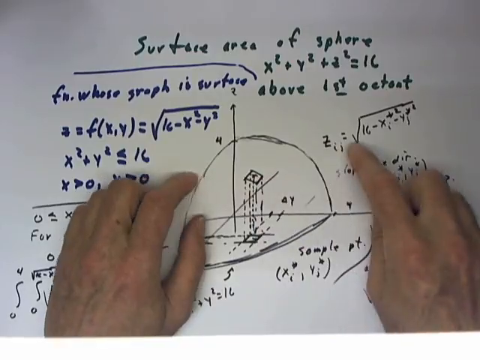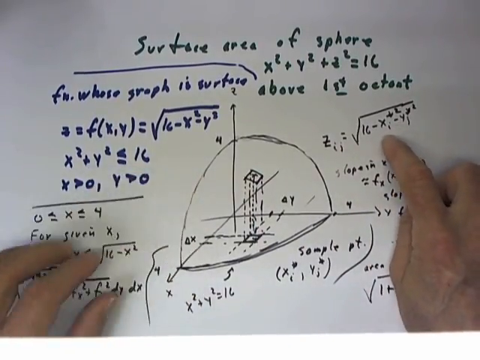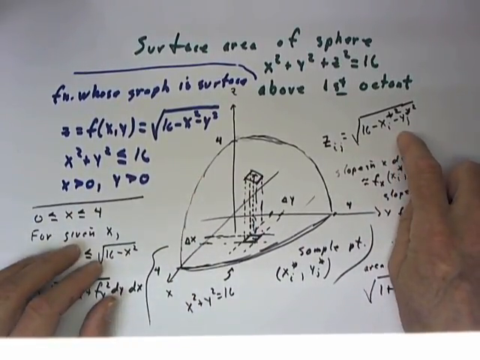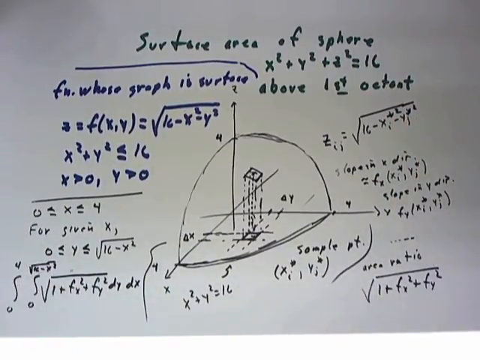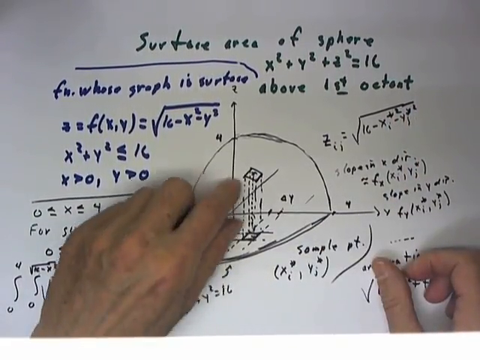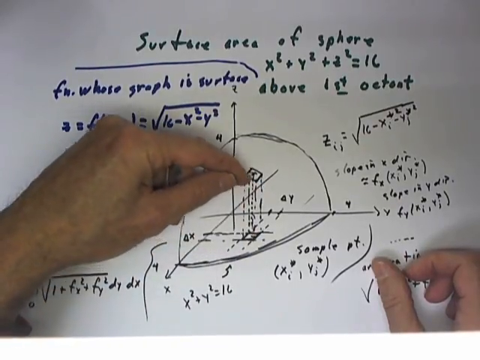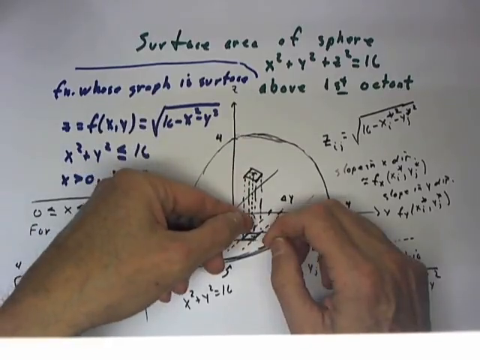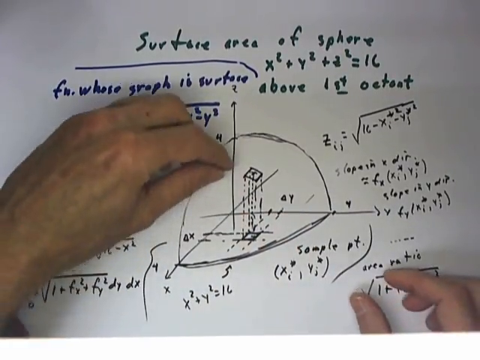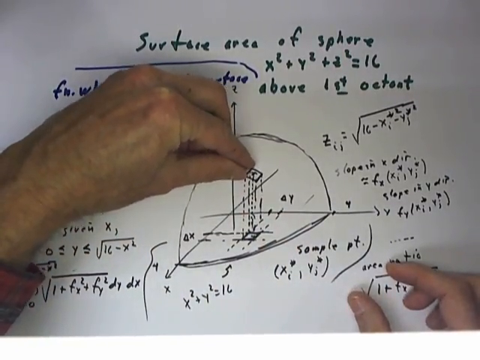Our z value here will be square root of 16 minus xi star squared minus yj star squared. We'll have a slope in the x direction, which will allow us to sketch this side of the region on our surface.